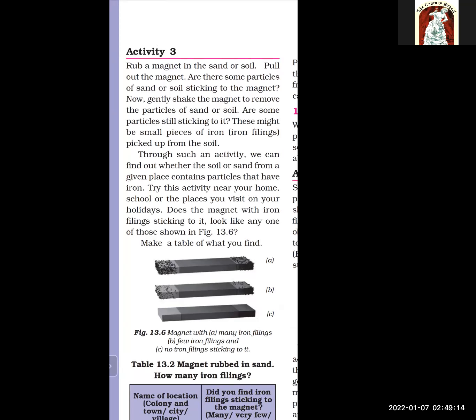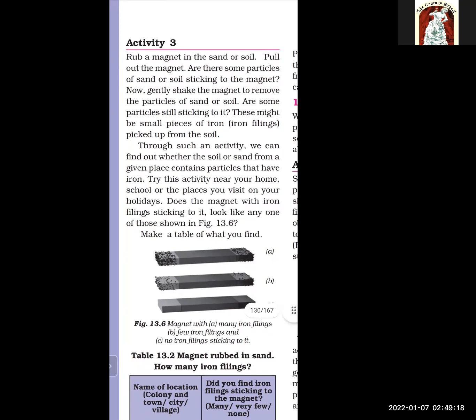Pull out the magnet. Are some particles of the sand or soil sticking to the magnet? Yes. If we rub the magnet in the sand or soil, then some particles will stick to the magnet. Now gently shake the magnet to remove the particles of sand or soil.